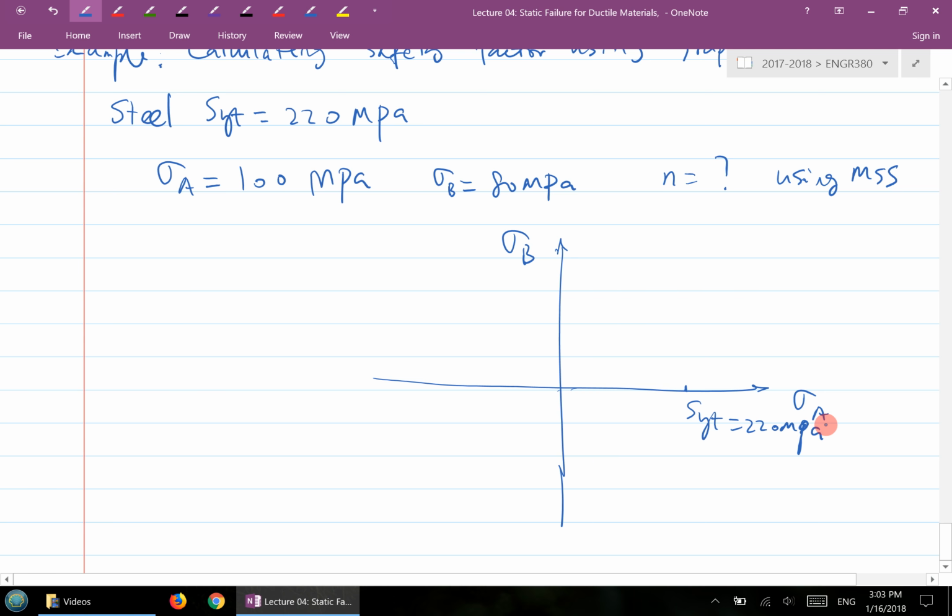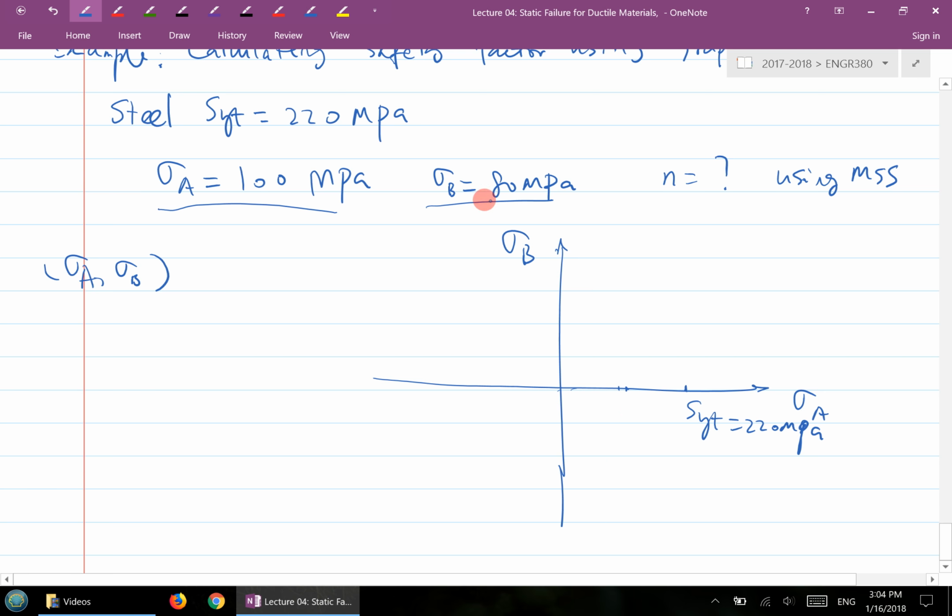And then here is your sigma A, sigma B. We find the coordinates using sigma A, sigma B as a pair. So sigma A is 100, sigma B is 80. Sigma A is 100, which is a little bit less than half of this 220 megapascals, right? So this is a half here, and then slightly less than this half of the 220.